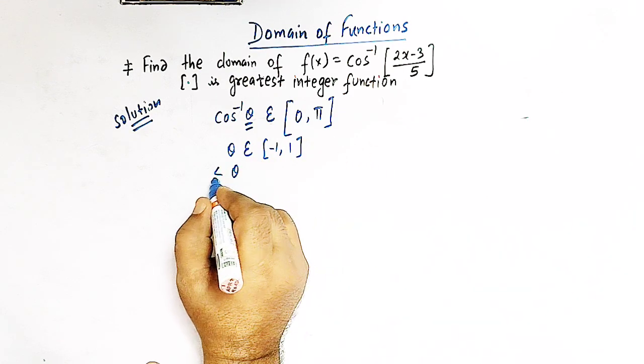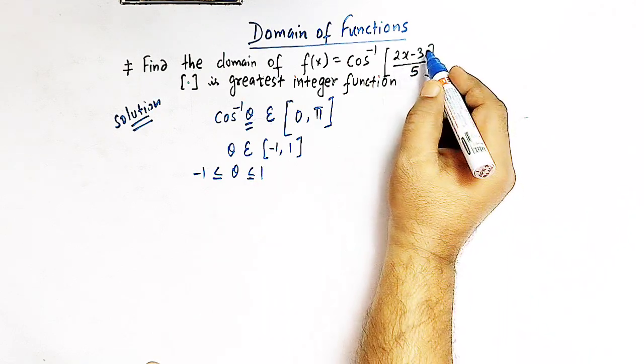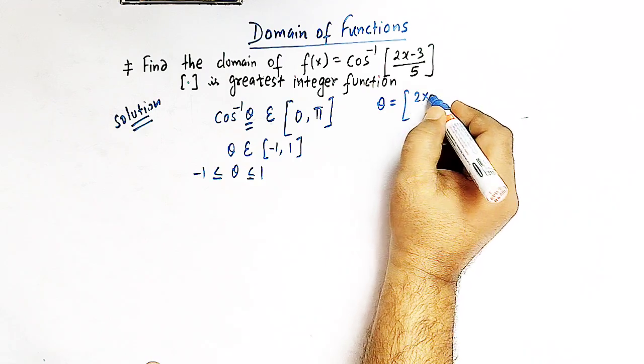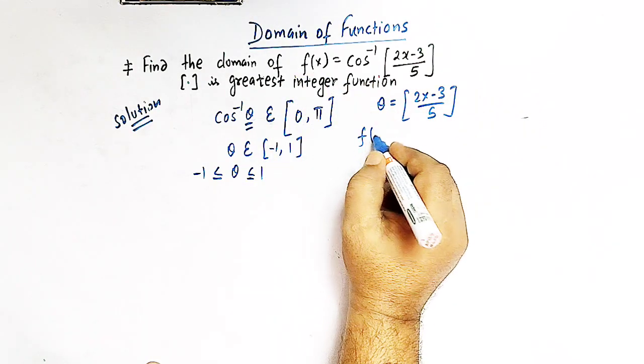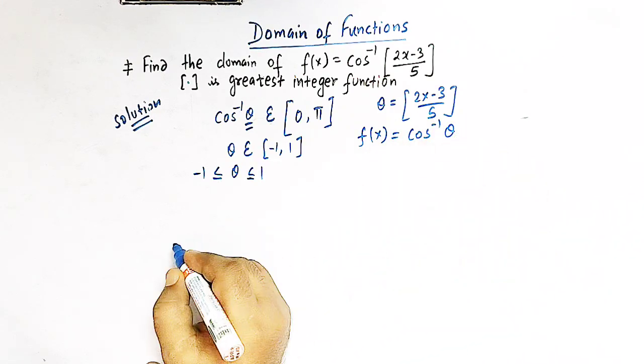So theta must lie between minus 1 and 1. Now here if we take theta as the greatest integer of (2x minus 3)/5, then our function assumes the form cos inverse theta.